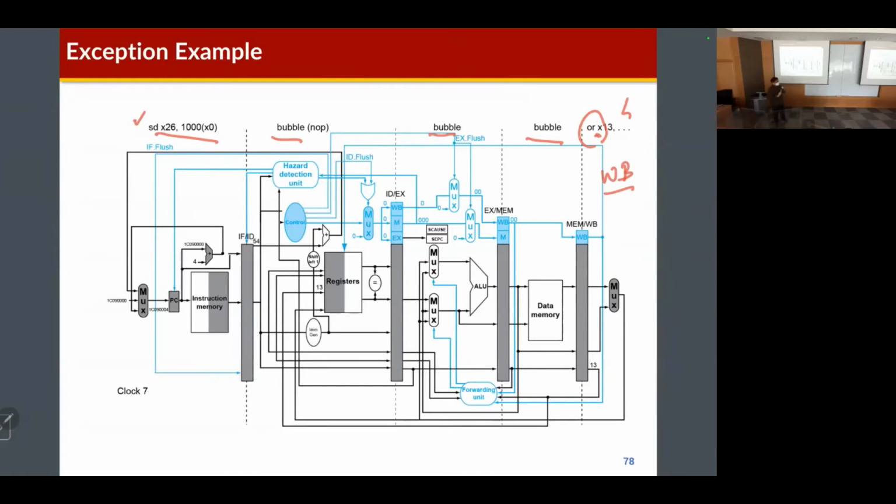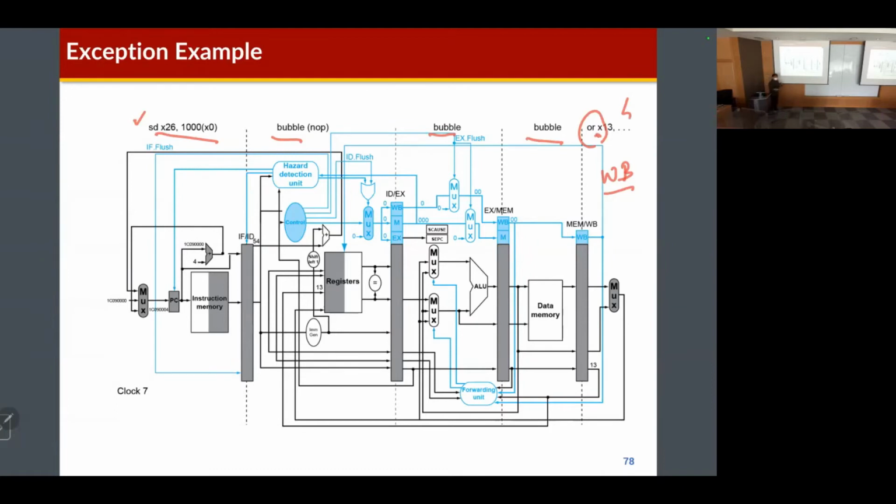So exception handling is very similar to a taken branch, right? When the branch is taken, the program counter is changed to the target of the branch instruction. And also when the branch is determined, following instructions are flushed. But even though the branch is taken, the previous instructions should be executed.